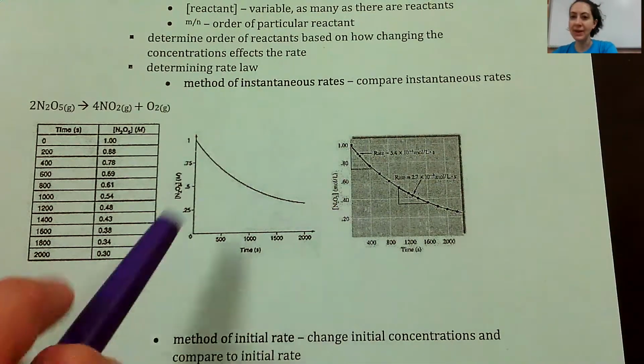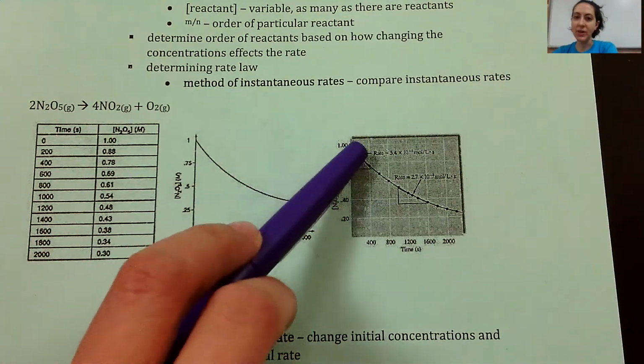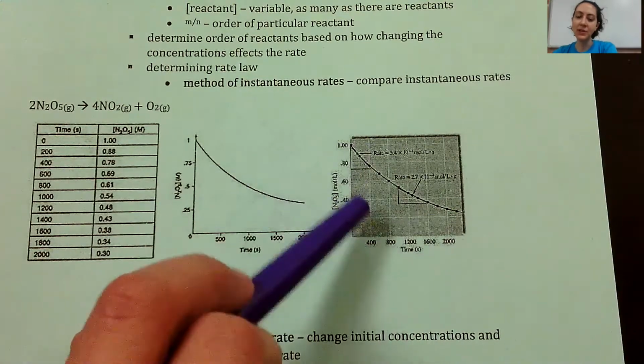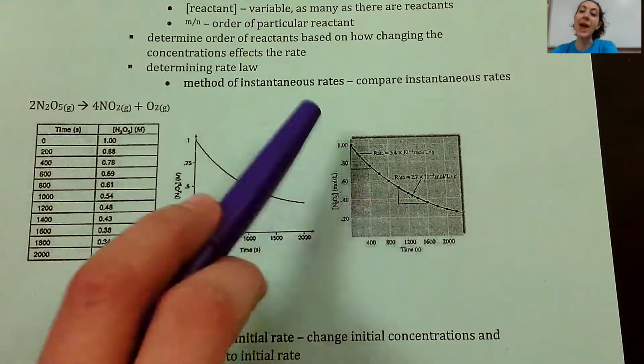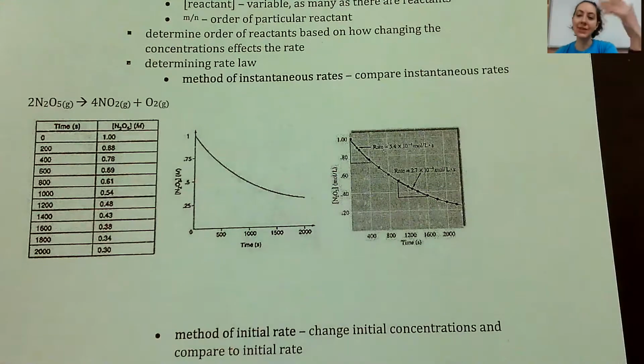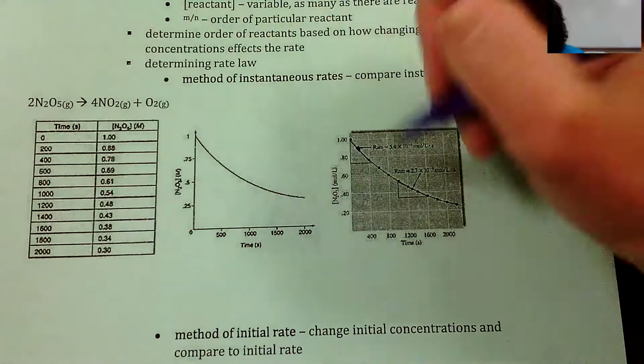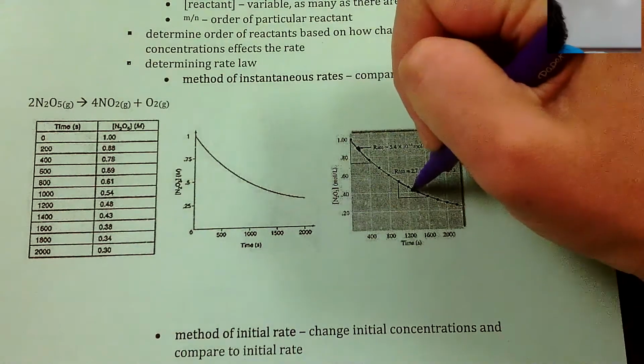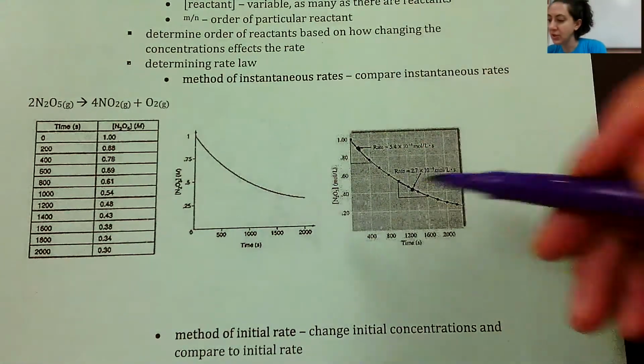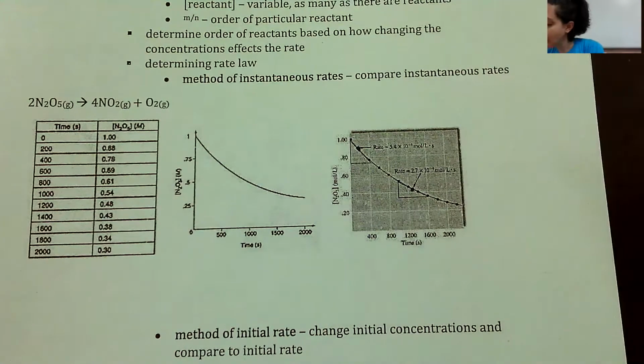So if we're starting at a concentration of 1, pick the next concentration that's like 1/2 of that. Because that way you're doubling or halving. It's the easiest way to do this sort of math. So what they've done here is they figured out the rate at this particular spot here, and they figured out the rate at this particular spot here. And this is essentially the slope of the line.